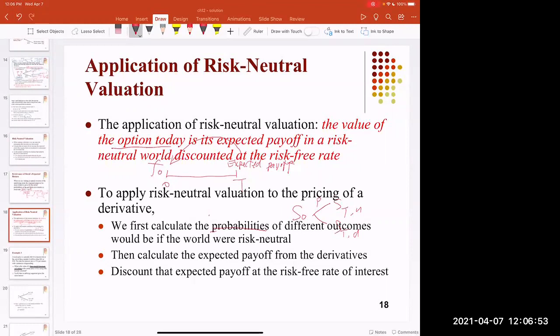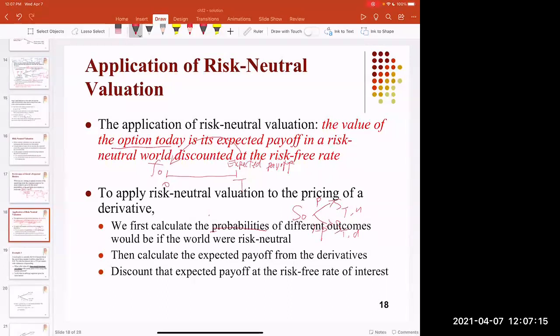We use P as the probability of the stock price going up. Since there are only two cases, the probability of the other case is 1 minus P, right?